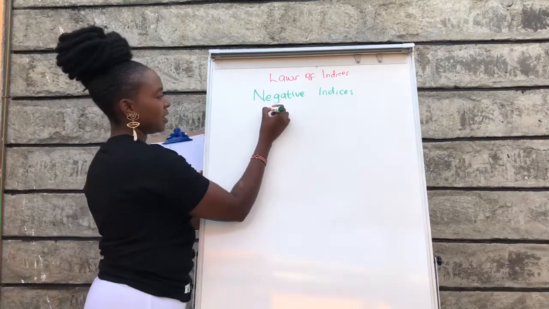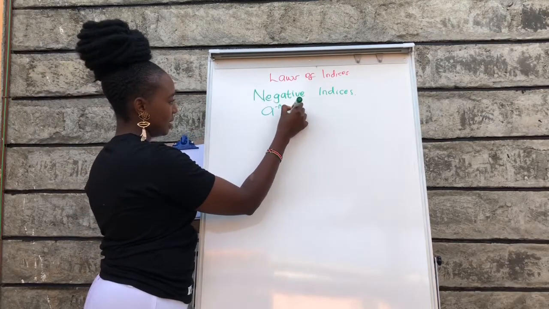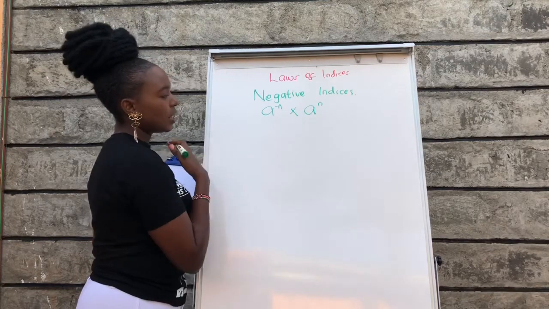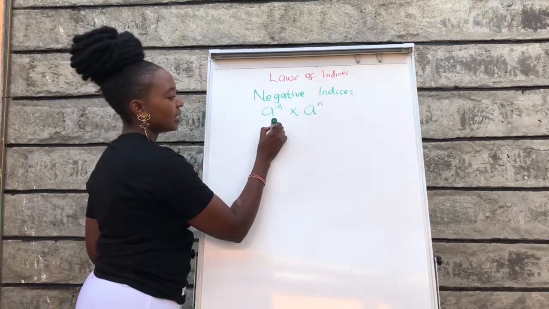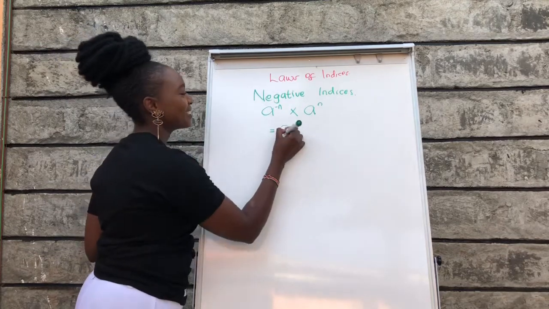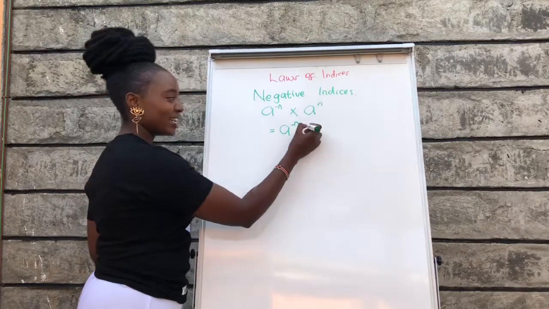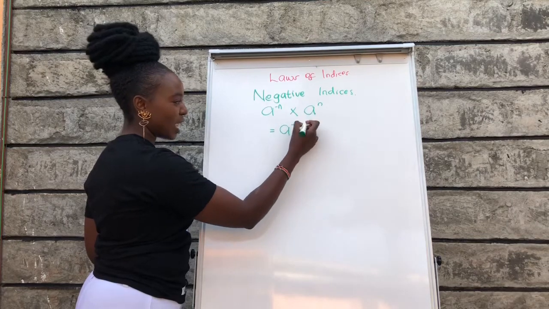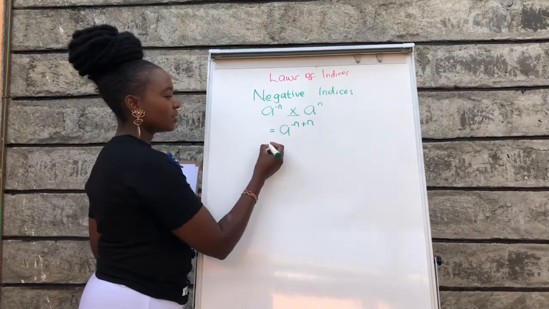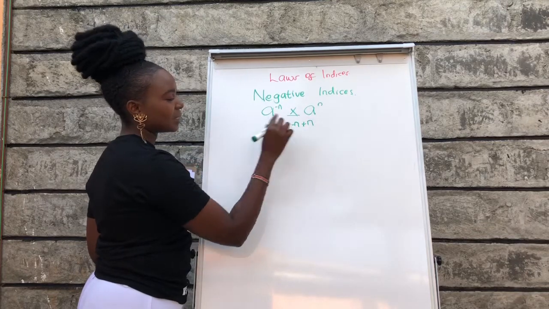Assume we've been given a^(-n) times a^n. Because this is a multiplication sign, it becomes a to the power negative n plus n, because for multiplication we add.